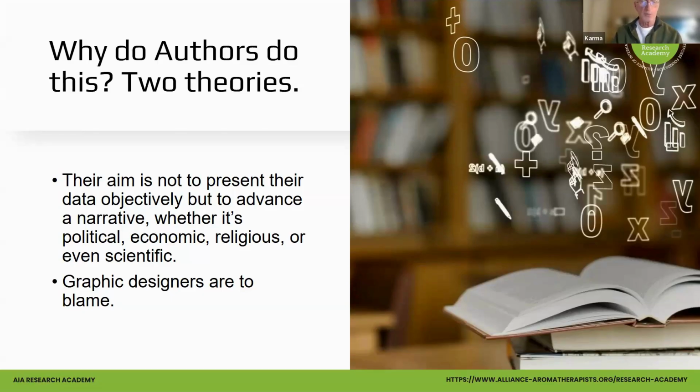Graphic designers are to blame for all the poor graphs. Well, what graphics designers are interested in making are colorful, attractive pictures. And they're not trained to present data objectively. So if the scientist gives the data to a graphics designer and it makes a pretty picture, he's happy. Well, he shouldn't be.